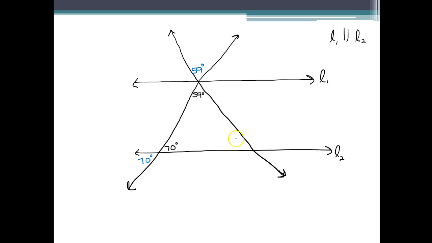You've got a triangle, has to add up to 180. So see what it takes after having 59 and 70 to make 180. You need 51 degrees right there. Let's see. Down here we know, okay, this has to be 51 because of vertical angles.